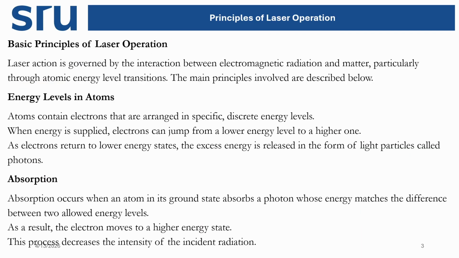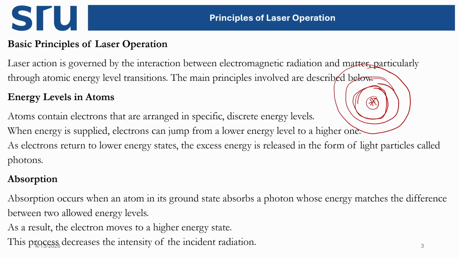To understand the laser principles, we first discuss atomic behavior and electronic transitions of an atom. Normally an atom has a nucleus, and electrons revolve around the nucleus. Every electron staying in a particular energy level has a very specific energy.